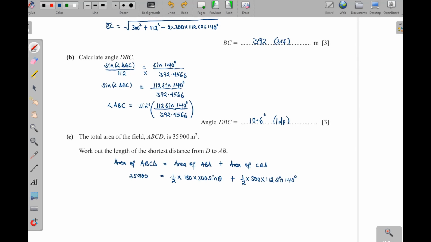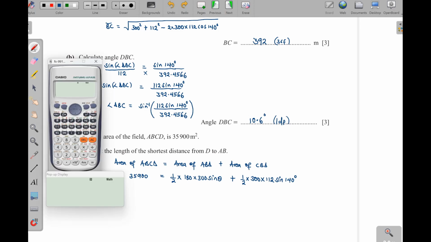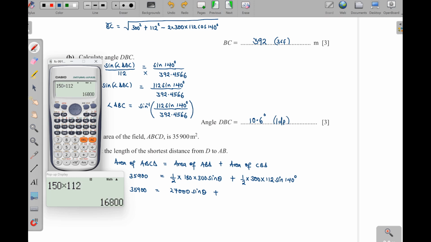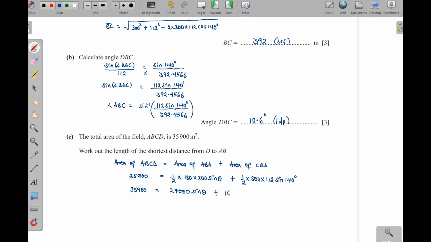You get it? Okay, so what do we get here simplified? A half of 180 is 90, so 90 times 300 is 27,000. So we have 35,900 equals 27,000 sine theta, plus, how about this one simplified? This is 150 times 112, we get 16,800 sine of 140 degrees.